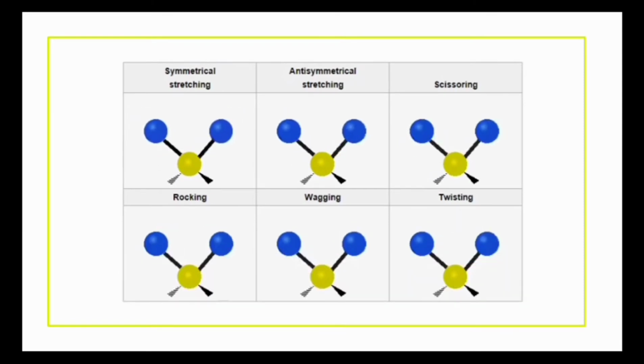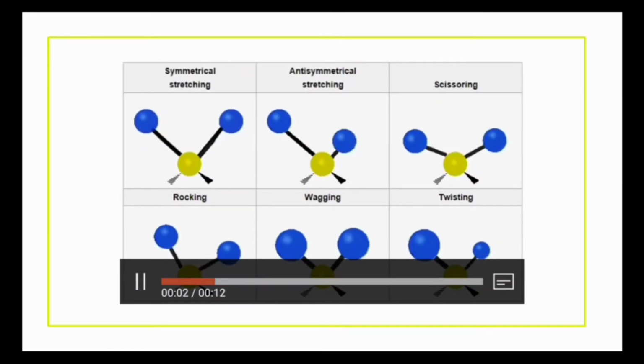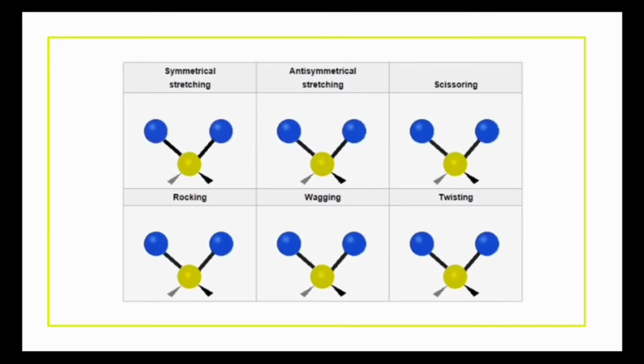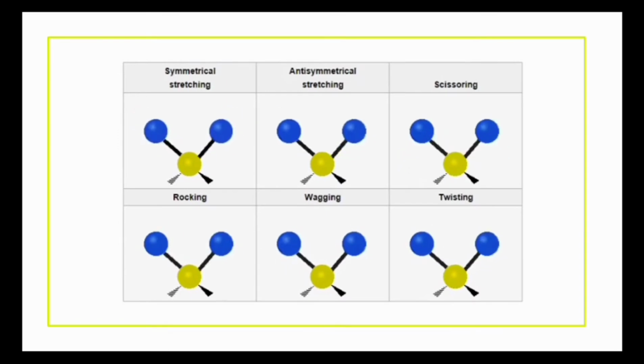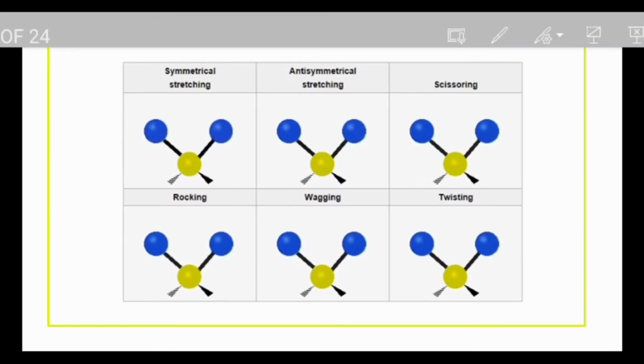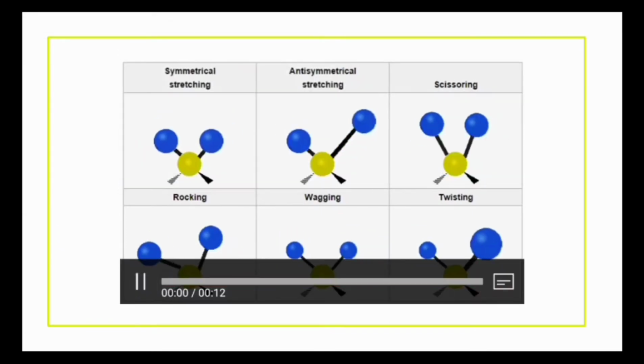You can see here in symmetrical stretching both bonds are stretching at the same time. In unsymmetrical or anti-symmetrical stretching, one bond is stretching and one bond contracts. Scissoring happens like a scissor. Both bonds are moving like the motion of a scissor.